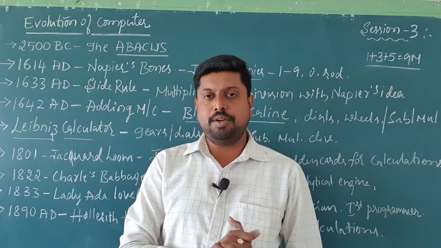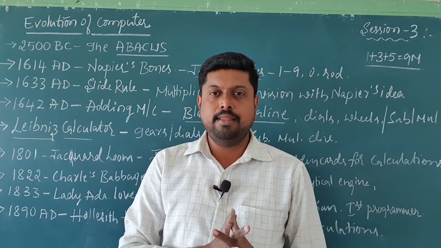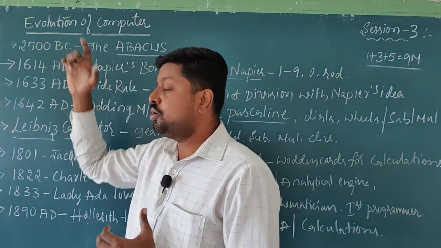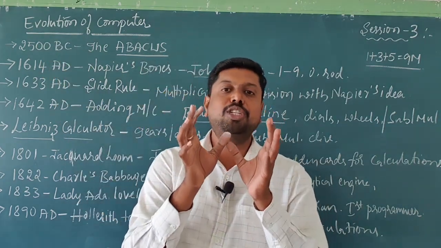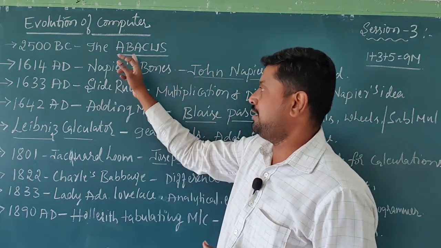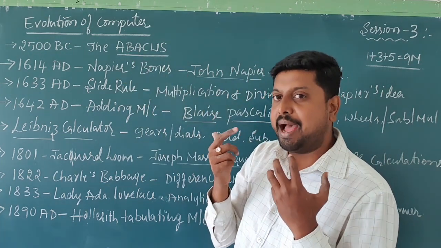So in the evolution of the computer, the first part, if I want to explain, the device that is before Christ, before Christ 2500, one machine is there. That machine's name is abacus. Some of the students, you heard the name abacus.